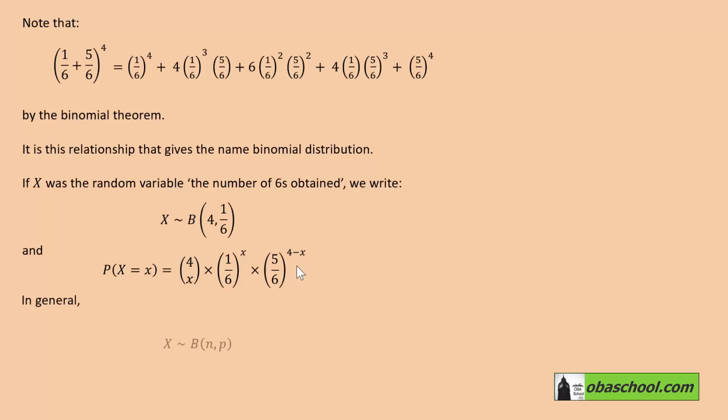In general, X follows a binomial with n trials and probability of success p. The probability of X being x is nCx times p to the x times 1 minus p to the n minus x.